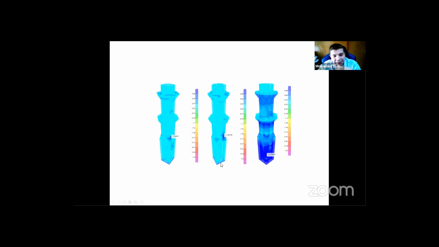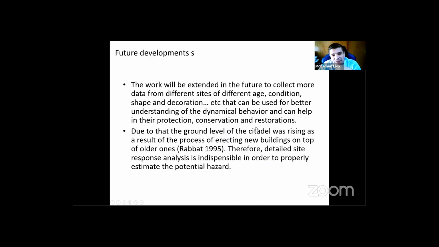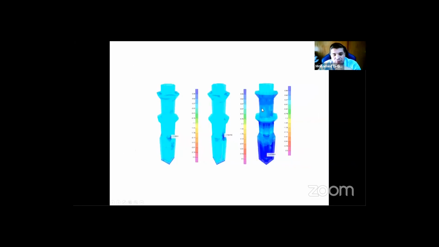Here is the response of the minaret due to lateral and horizontal forces. As you can see, the maximum forces are triggered in the area just below the first balcony and the second balcony. So if we are intervening here for restoration, these are the most affected areas to be intervened.